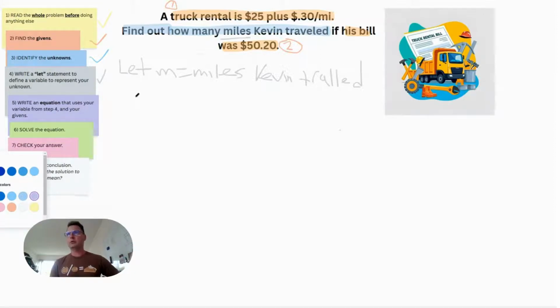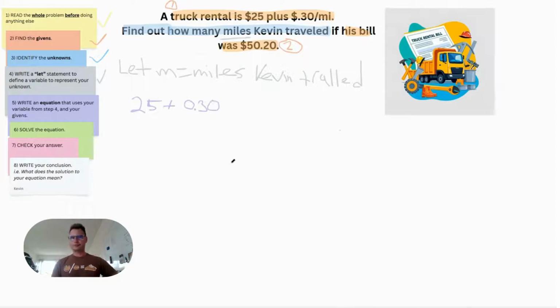So the first one, if we write it as a mathematical expression, that's 25 plus, what is 30 cents per mile? What would that come out to be if it were a total dollar amount? It would be 30 cents times the number of miles, right?